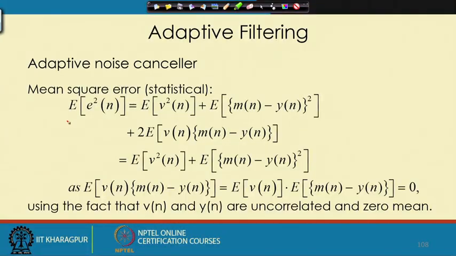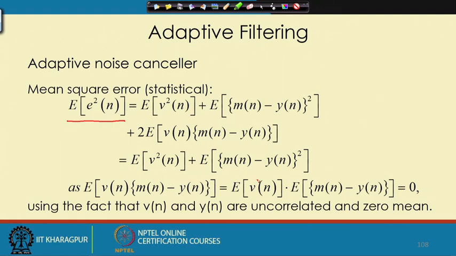It is the expectation of e square n, and by replacing e square n by the expression we got on the previous page, that is V n plus m n minus y n, the whole square of it.